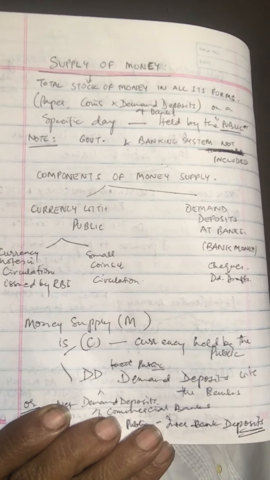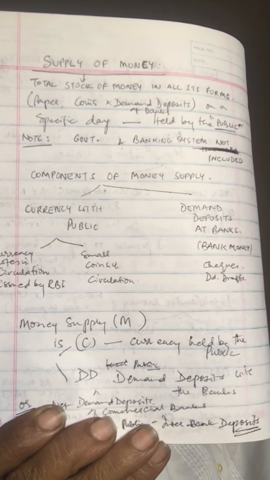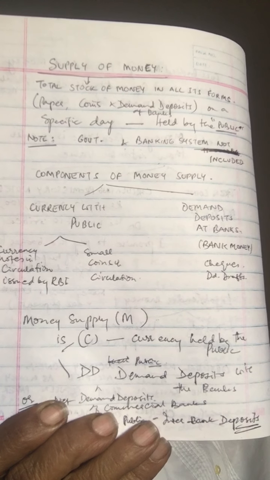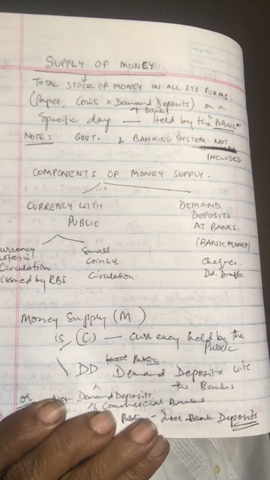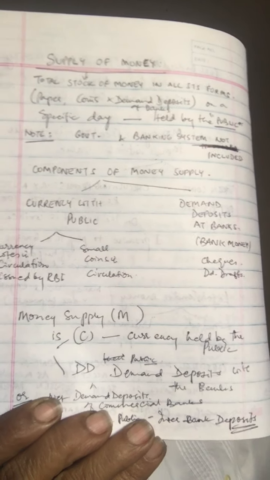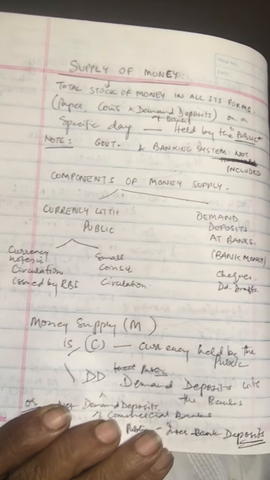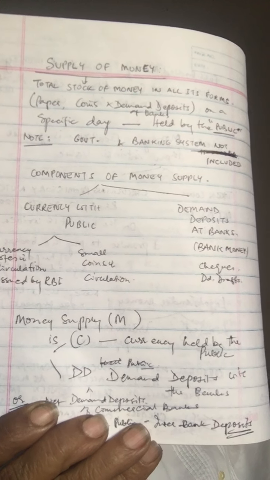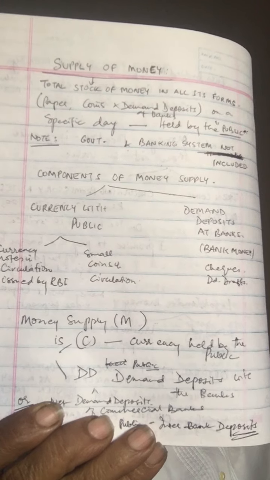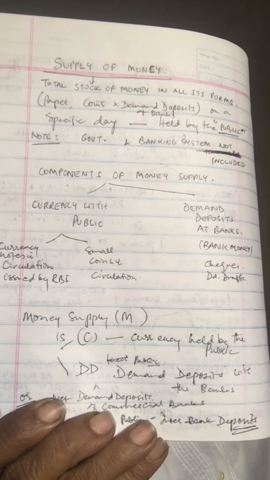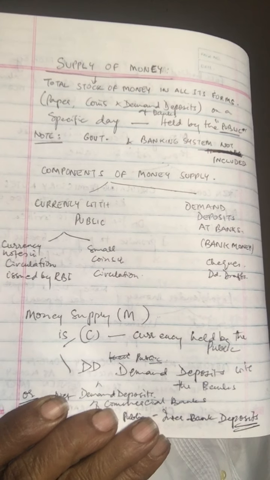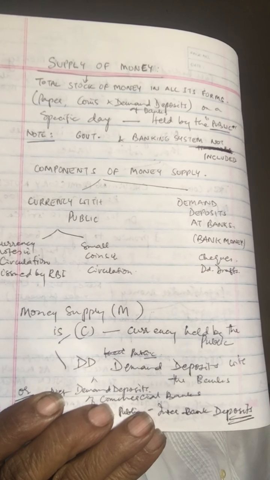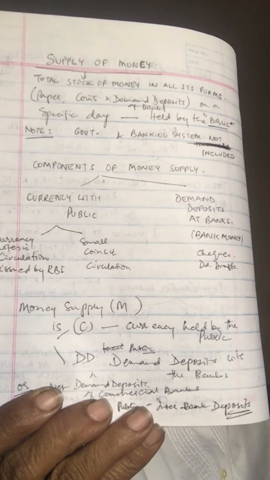The only thing you have to note is that interbank deposits do not constitute part of money supply because they do not belong to the public. That is why often you will hear that net demand deposits of commercial banks are included only. Net here implies only the deposits of the public held by banks. So, public money that is held by banks.